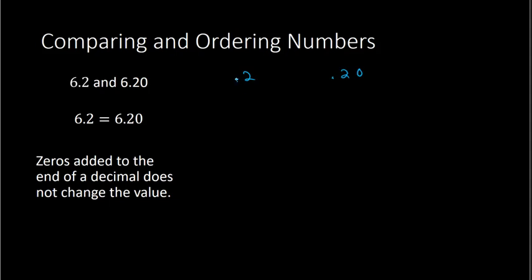0.2 would be the same thing as 2 tenths. 0.20 is 20 hundredths. These are the same thing because I can reduce 20 over 100. So we've not dealt with that yet at this point in the course, but you could divide top and bottom by 10.